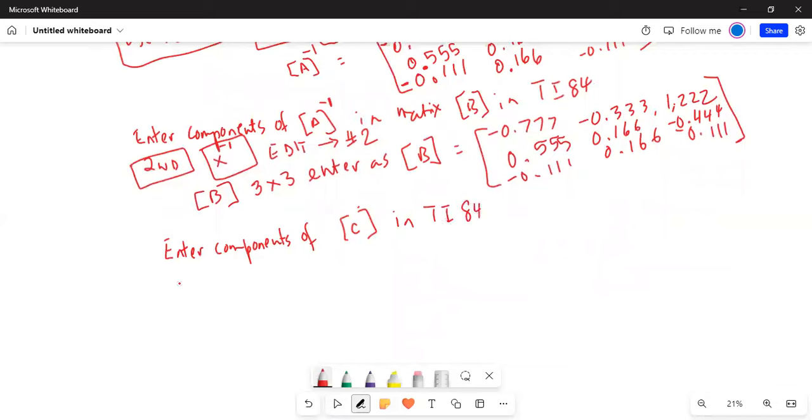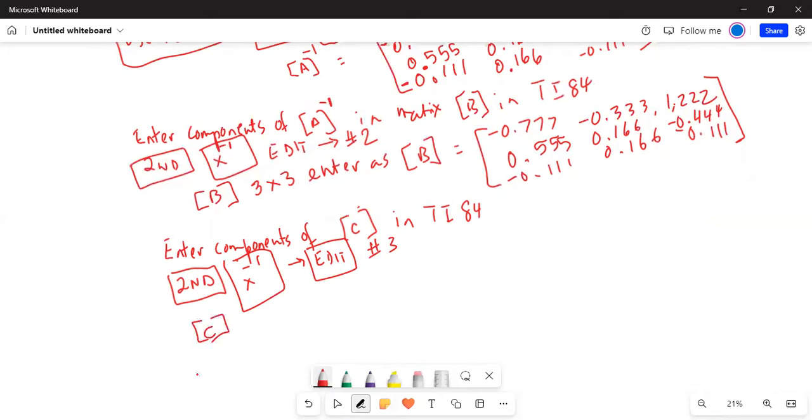So how do I do that? Again, second button, X minus 1 button, then highlight edit, and number 3, so matrix C. Second X minus 1 button, then edit, then number 3.